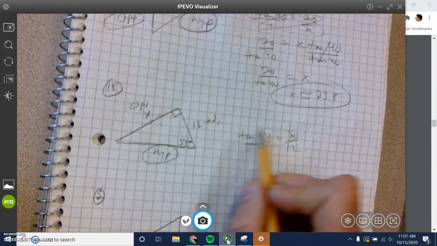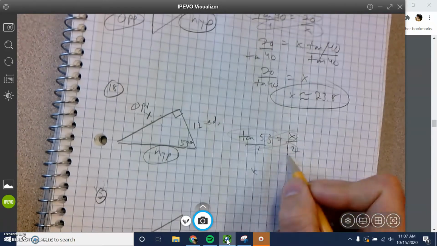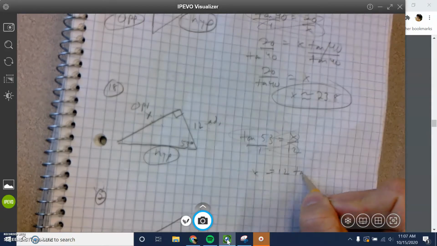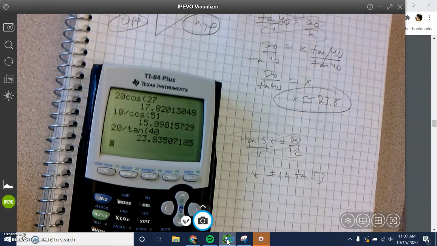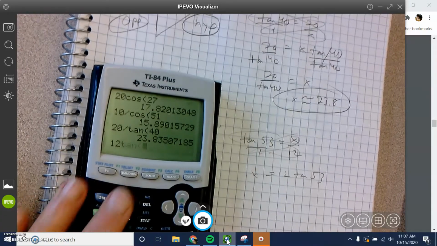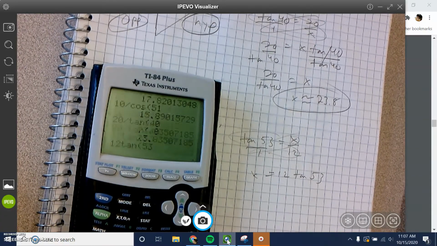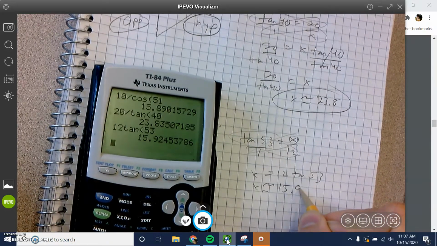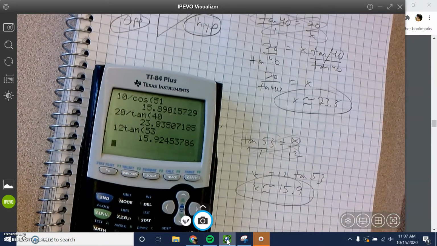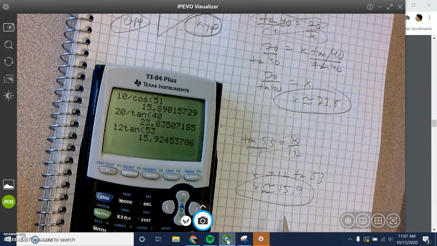Cross multiply. x times 1 is x, and this is 12 tangent 53. Now multiplying 12 tangent 53, x is approximately 15.9. There we go.